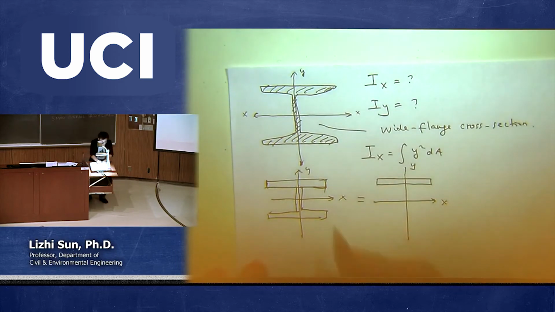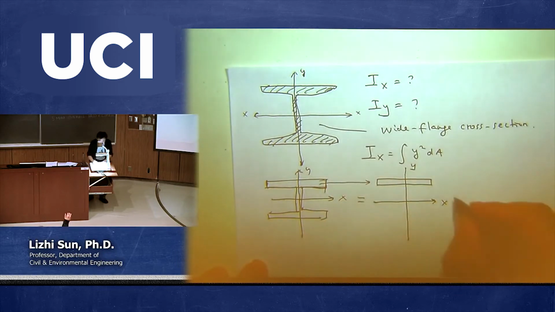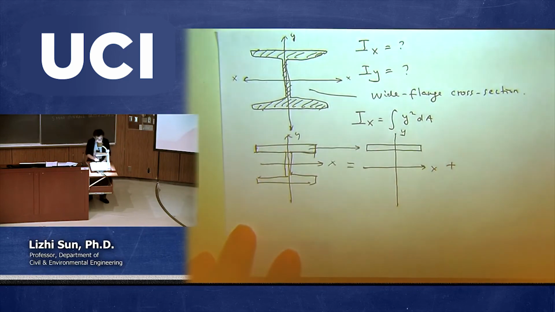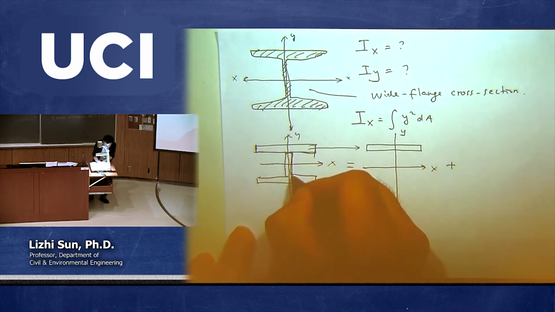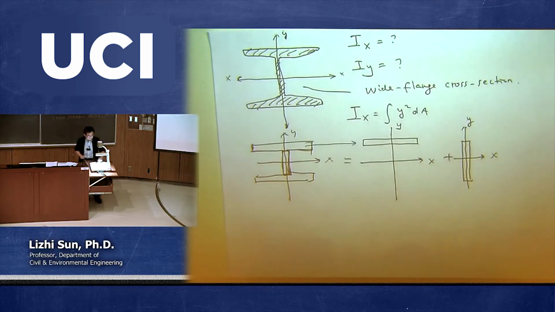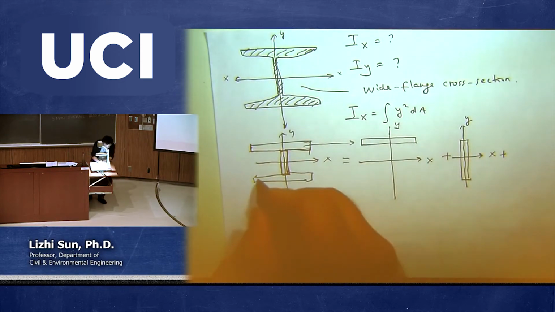So that's the first part representing this. Plus another one, that's called a stem. Okay, this is the second part. And then the third part is a bottom flange here.